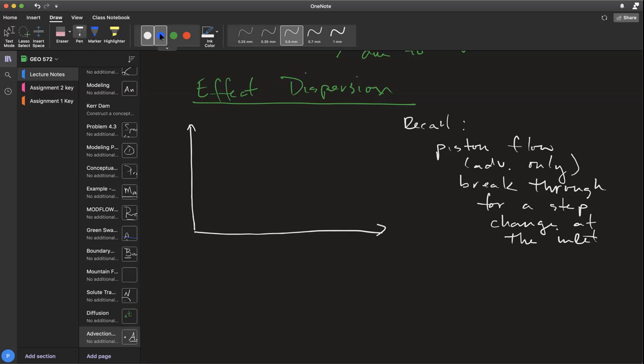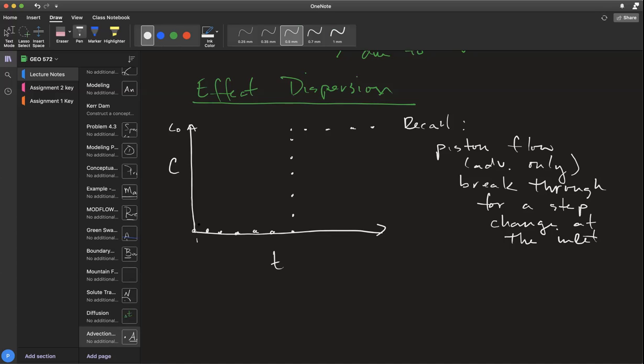All right, so remember that the concentration there, so this is the concentration, and this is time, all right? And our piston flow curve looked like this. Came along at concentration equal to 0, and then at some time, we go straight up to C naught. So here's C naught.